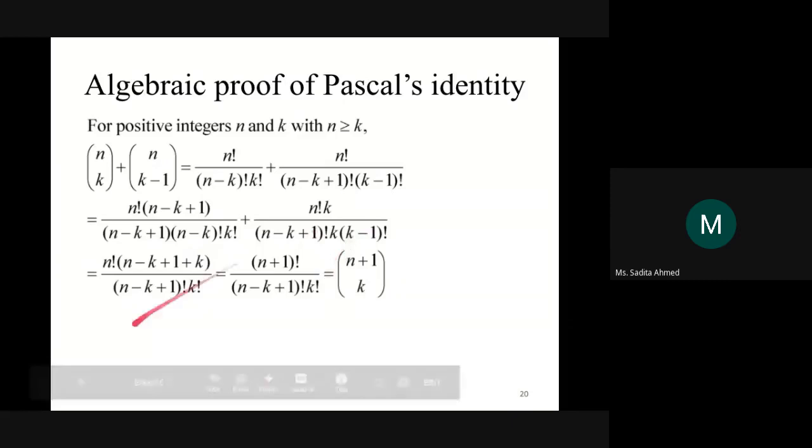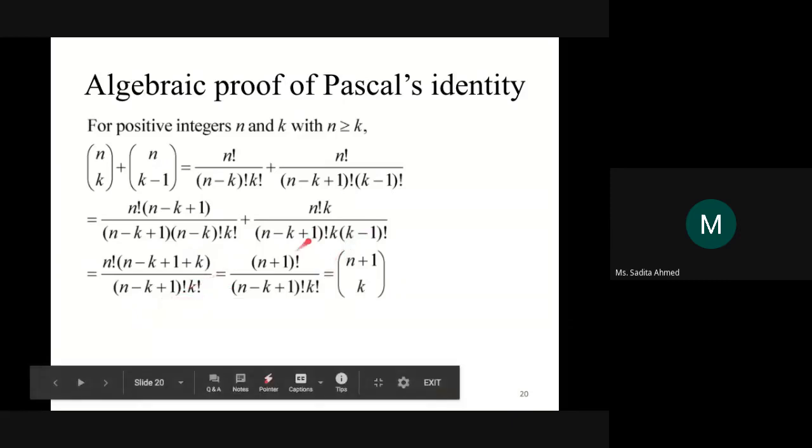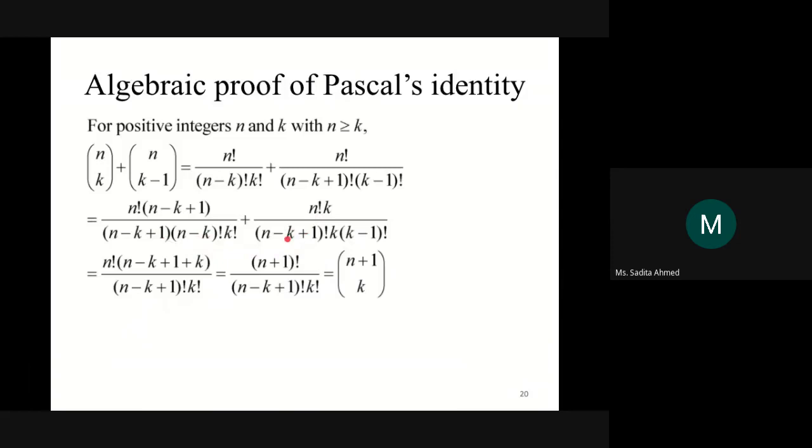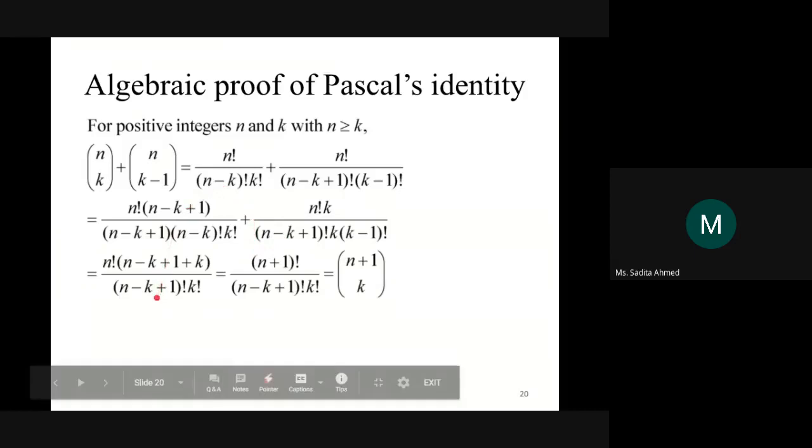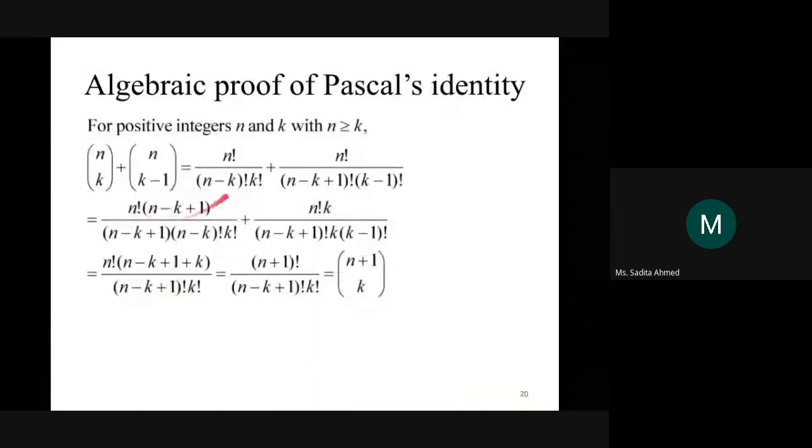So in the denominator as well, we'll get n minus k plus 1 factorial into k factorial. Now, the denominators are the same, right? Yes, miss. If the denominators are the same, we can take them in common. And then, what do we have? The common denominator here, and in the numerator, we'll sum these up. This numerator will be added with this numerator.